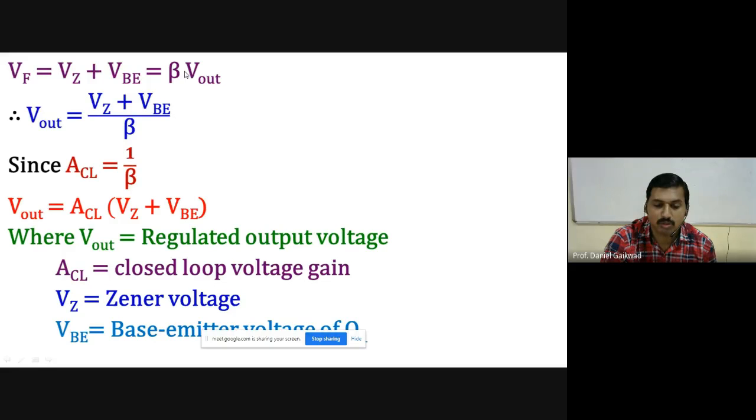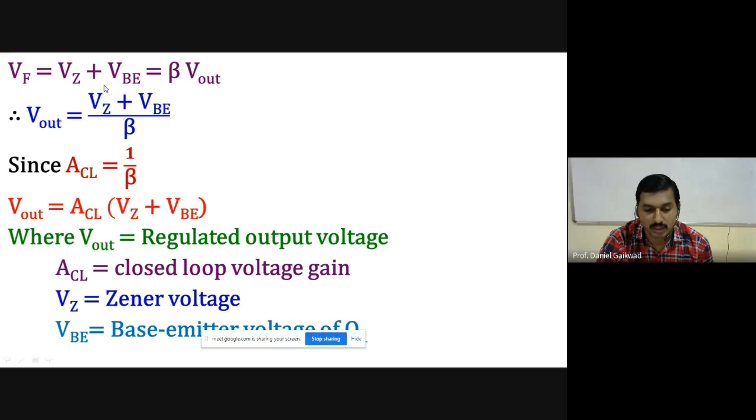So from Vout, the beta fraction is what we have taken, and beta times Vout will be the feedback voltage. Now we have Vout is equal to Vz plus Vbe, so we write the equation for Vout.